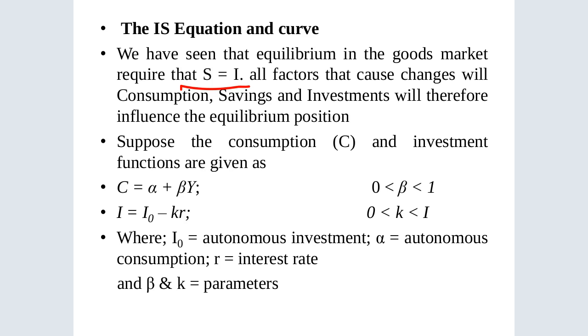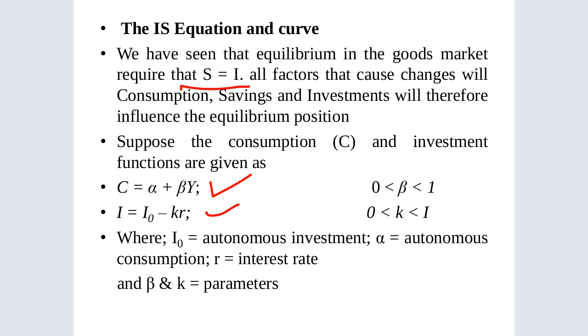So suppose the consumption and investment functions are given as follows. This is the consumption function, which is made up of autonomous consumption plus induced consumption. We also have the investment function, which is made up of autonomous investment and the induced investment. The values of beta and k are between 0 and 1, because they cannot be more than 1.